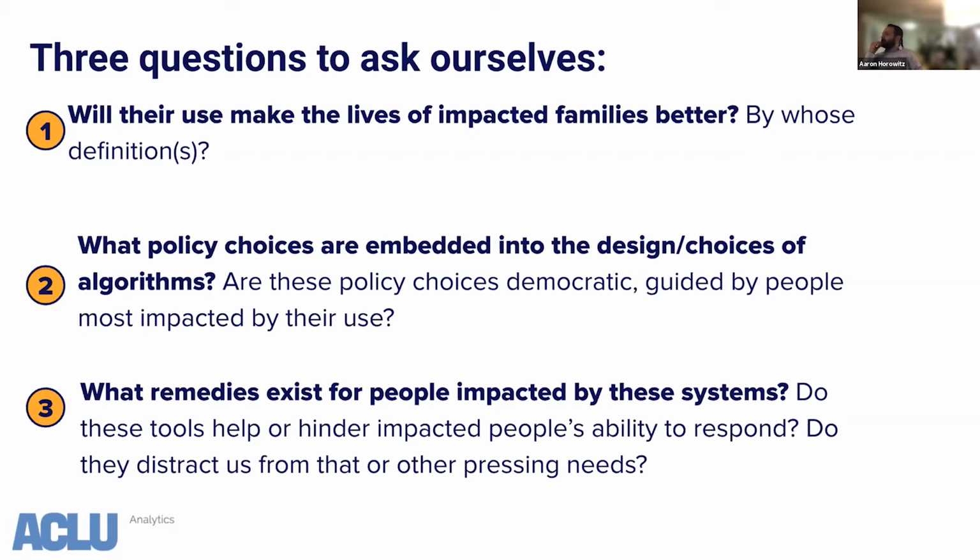I think at the top, the biggest question that we have is, will these tools make the lives of impacted families better? And by whose definition are we making those families' lives better?